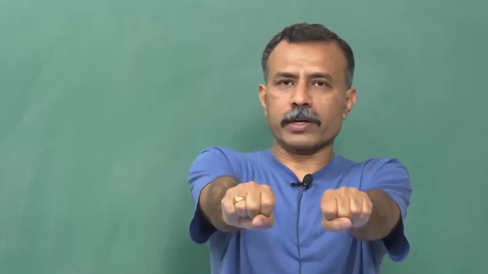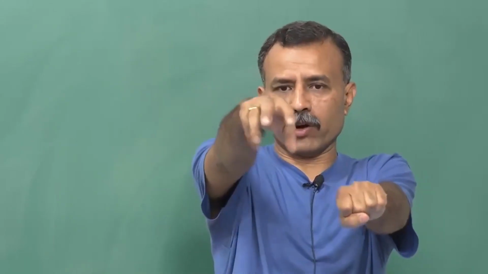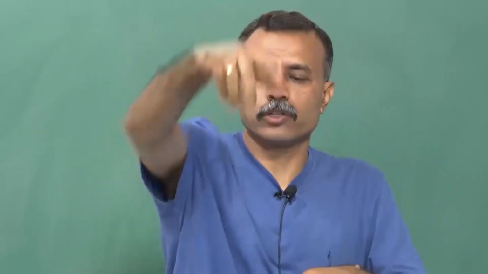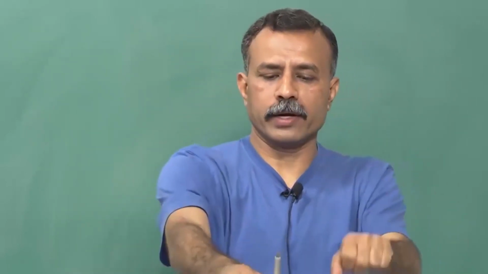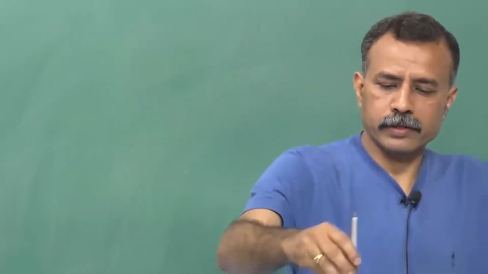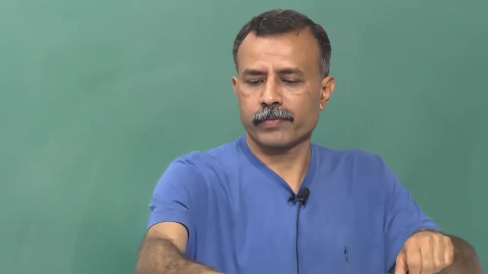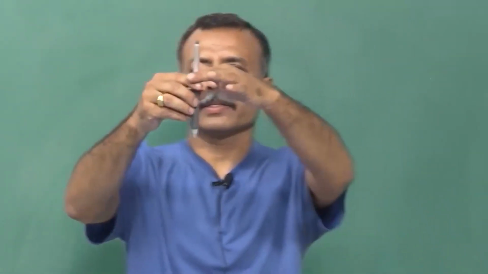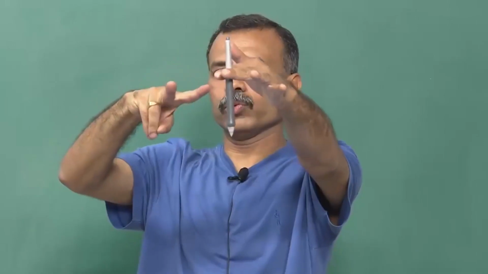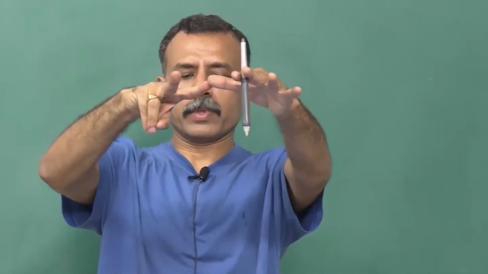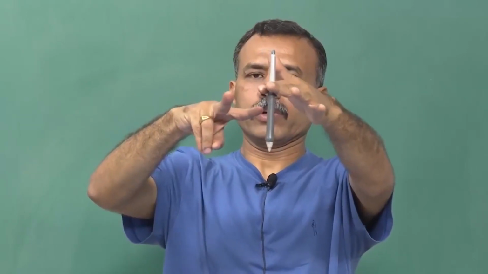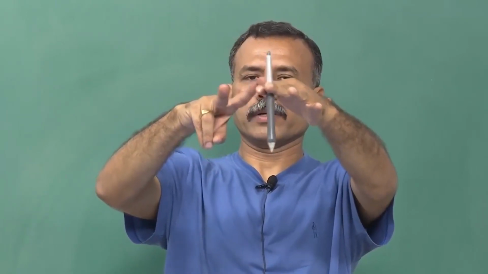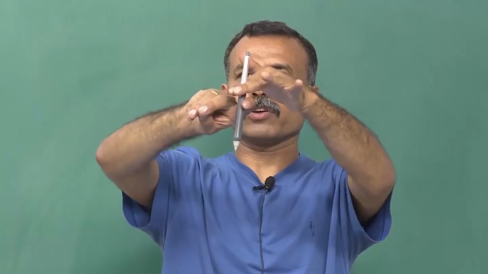So if these two are starting and there is an electron sitting out here, and my two hands are these two, one is fluorine and the other one is silver, who is going to pull the electron faster? This fluorine. It is going to capture the electron faster.